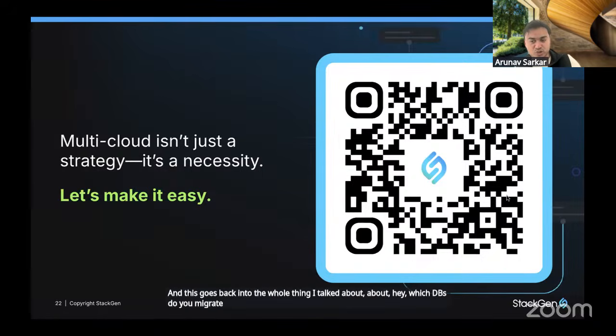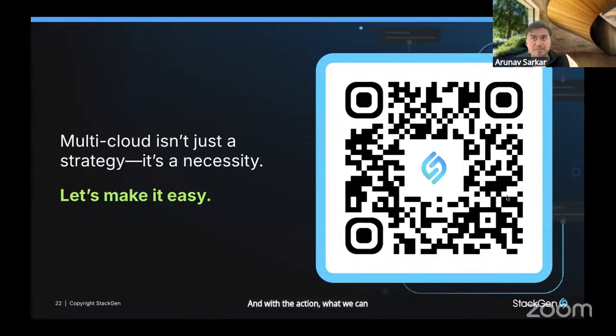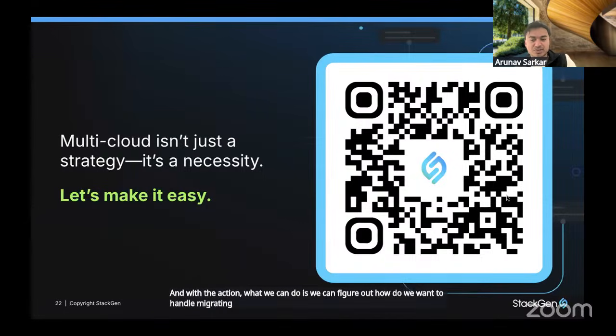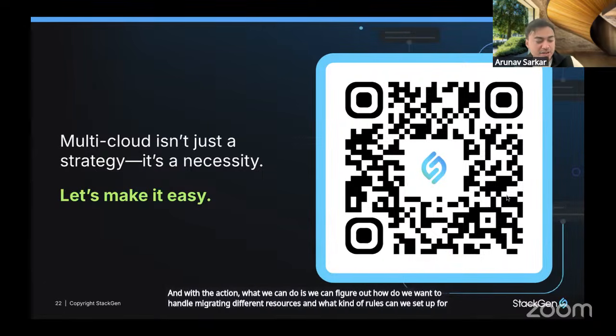There's always going to be choices involved, right? And with StackGen, we can figure out how we want to handle migrating different resources, and what kind of rules we can set up for those resources, right? So there's a much longer conversation to be had around this, and a deep dive into our platform, but I hope I answered this at a high level.